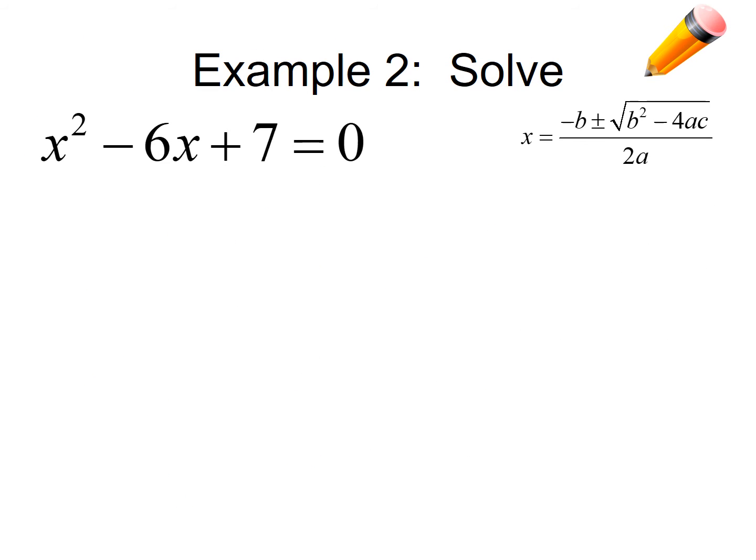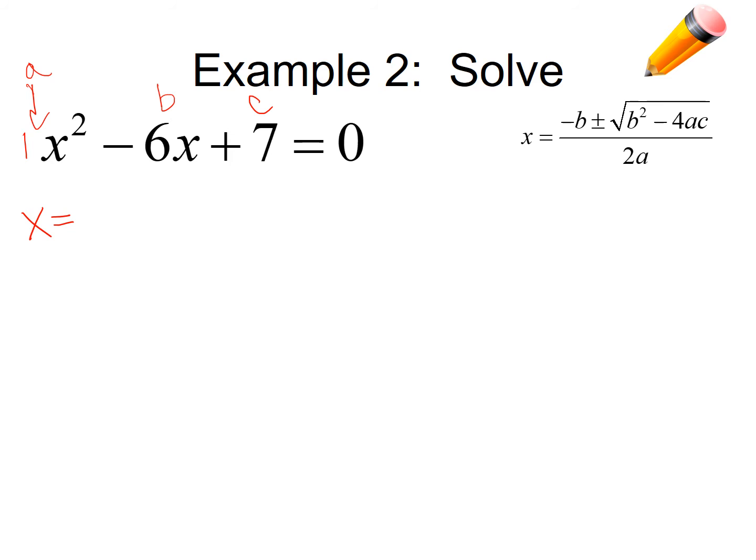All right, here's our formula, and we need to figure out what a, b, and c are. So a is 1 again, b is negative 6, and c is 7. So we need to plug all those numbers into our formula.